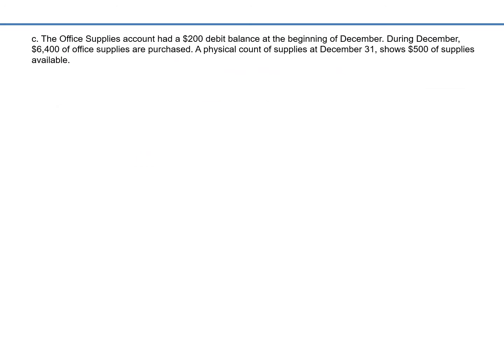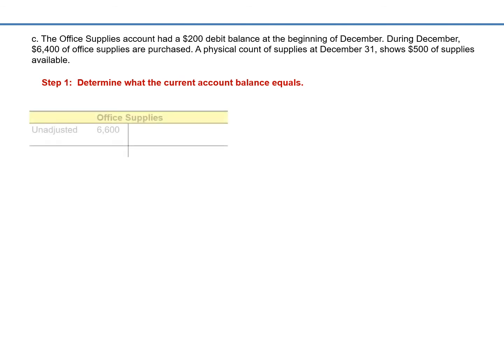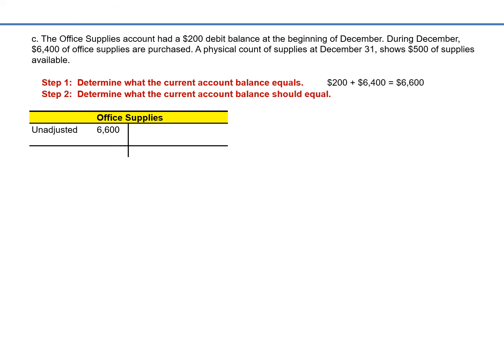Right, in letter C, office supplies had a debit balance of $200 beginning in December. During December, $6,400 of office supplies are purchased. Physical count shows there should be $500 left yet to be used at the end of the month. So our balance of office supplies asset account is $6,600. That's $6,400 plus $200. Our balance should be $500.